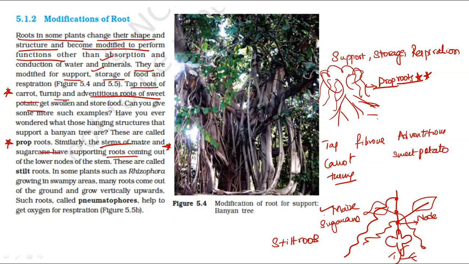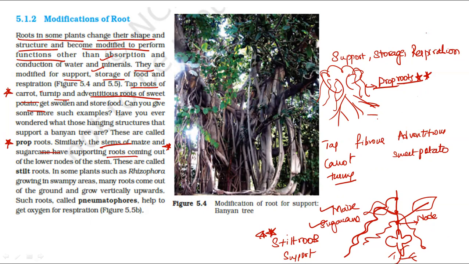So maize and sugarcane have roots from the lower nodes of the stem. Lower nodes means, as I told you, the points from which the branches and the leaves arise. At that point, there are more roots that help in supporting the plant structure, and those roots are called stilt roots. Stilt roots can be seen in maize and sugarcane, whereas prop roots can be seen in the banyan tree.